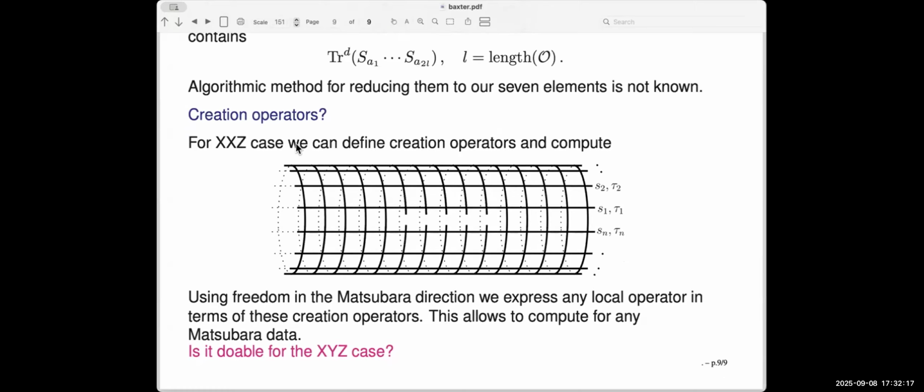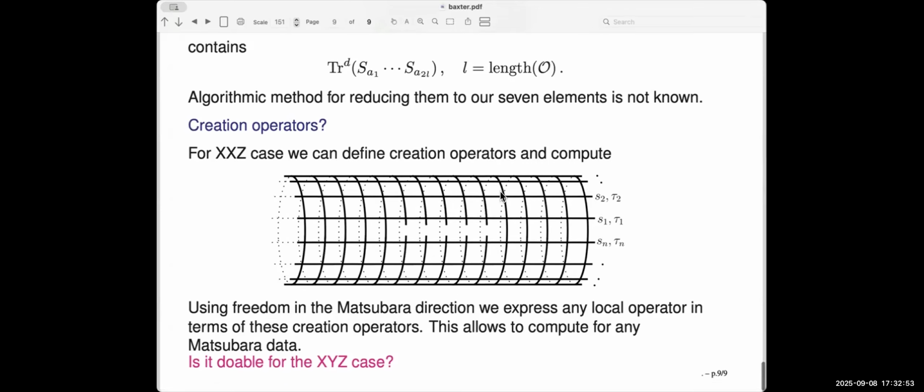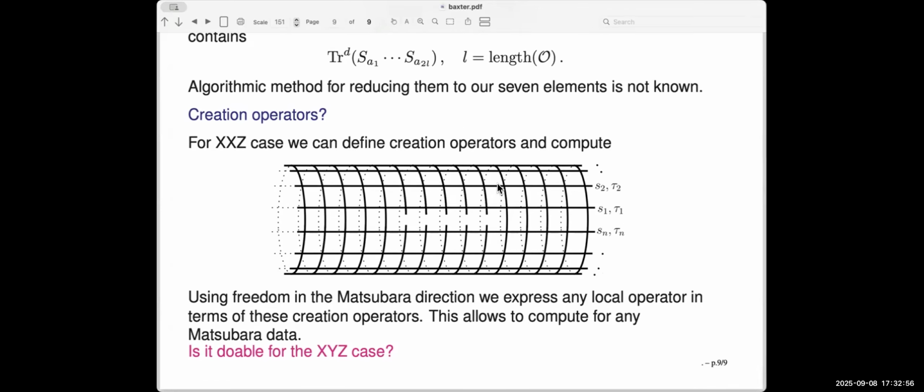Namely, we were able to write a formula for these correlation functions on a cylinder with arbitrary Matsubara space. If you take homogeneous inhomogeneities and all spins 1/2, and then the radius of the cylinder goes to infinity, you obtain the model on the infinite lattice.